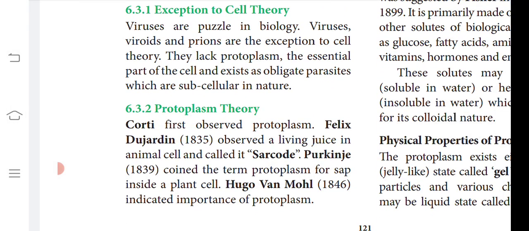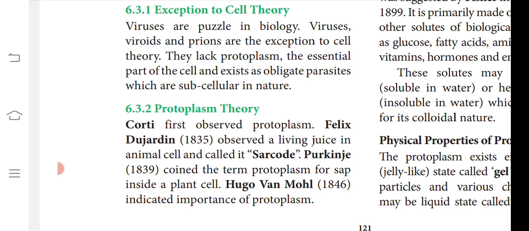So, exception to the theory: viruses are puzzles. Exception means this will not fall under those characteristic features. Viruses are puzzles of biology because viruses, viroids, and prions, whose definitions we have learnt in the previous lessons, are exceptions to the cell theory because they lack protoplasm.